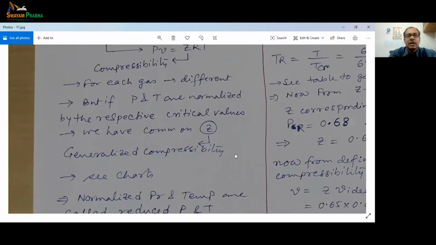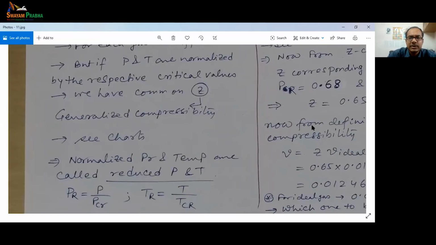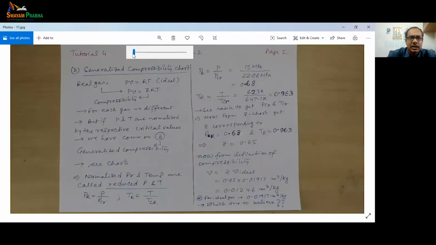That means we will have a single Z chart, the generalized compressibility chart, which can be used for any gas if we use the normalized pressure and temperature. Okay, so let's first see how these charts look, at least have some idea, before using it.